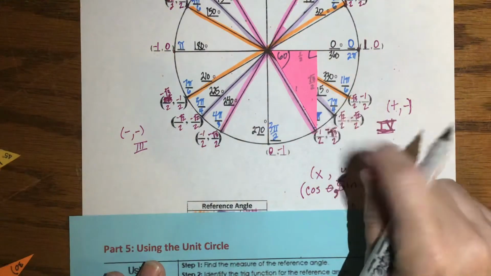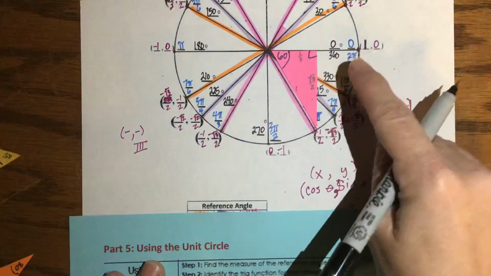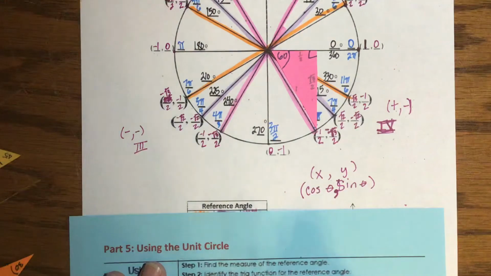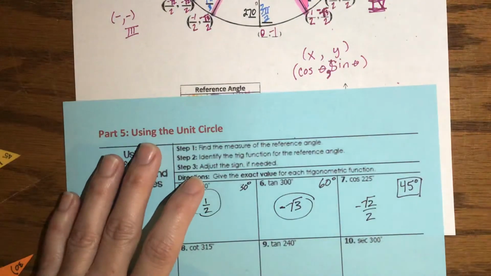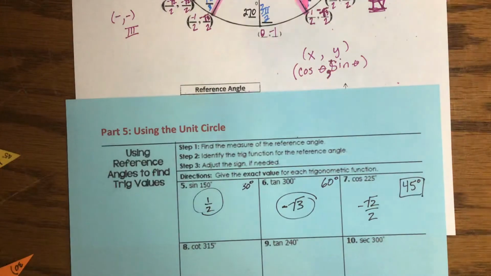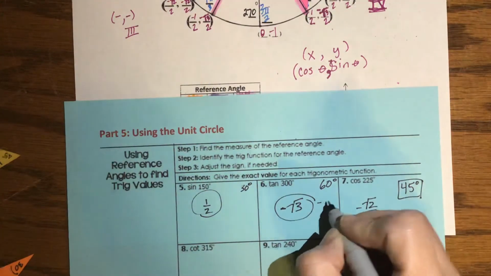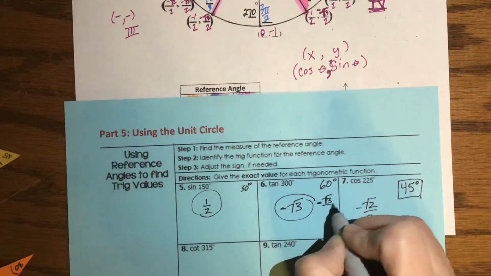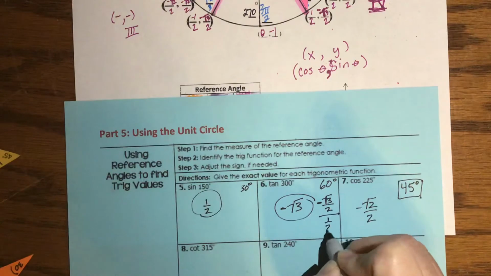So if I were to actually do that, I would have done negative square root 3 over 2 over a positive 1/2. That means that that one is negative, because it's in the fourth quadrant. So I went to the right and down. So when I do my tangent, I'm actually doing this. That's why it's negative.